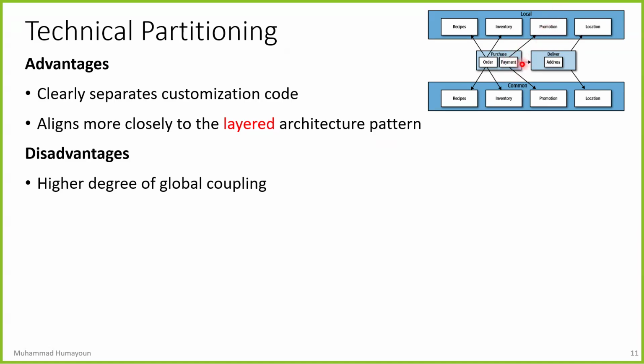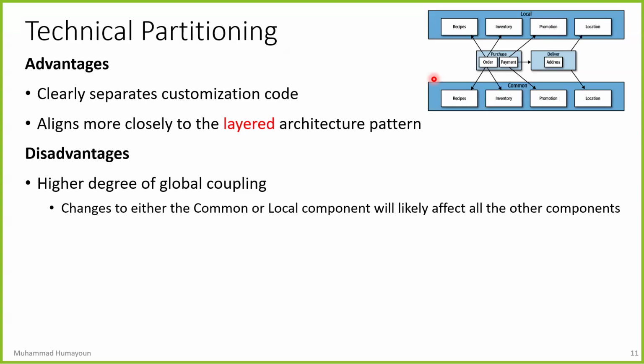And since this promotion and this promotion are two things I have, but representing the same thing, I may probably have to make changes here also. The problem is this global coupling between all these layers. You make a change and then you have to reflect that change in all other components or in many components.